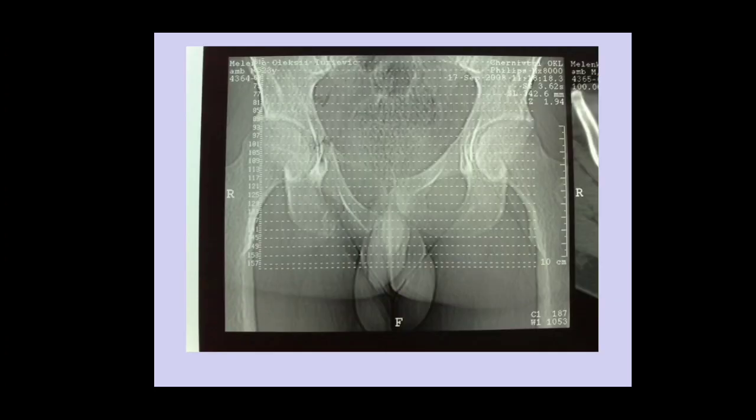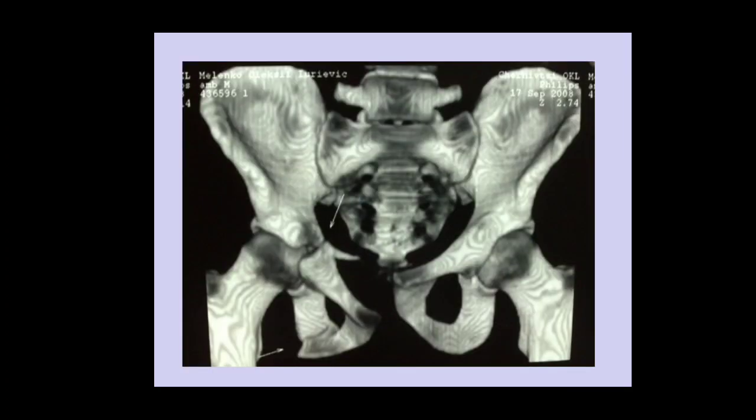Also, when we are doing a CT scan, you can check not only the axial scans and scout, but you can build a so-called 3D reconstruction. This 3D reconstruction can help you to imagine in three dimensions how and where these bone fragments were displaced.